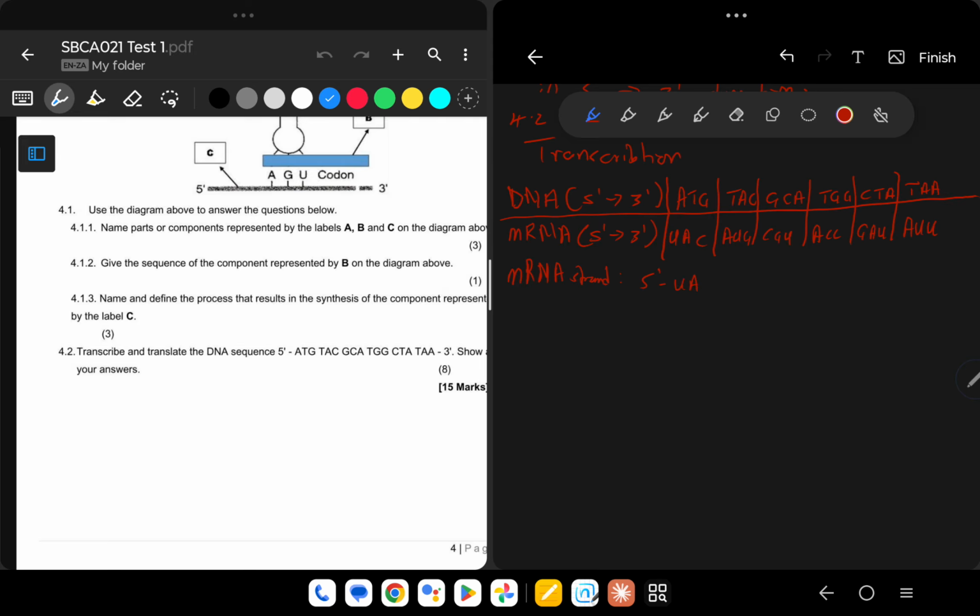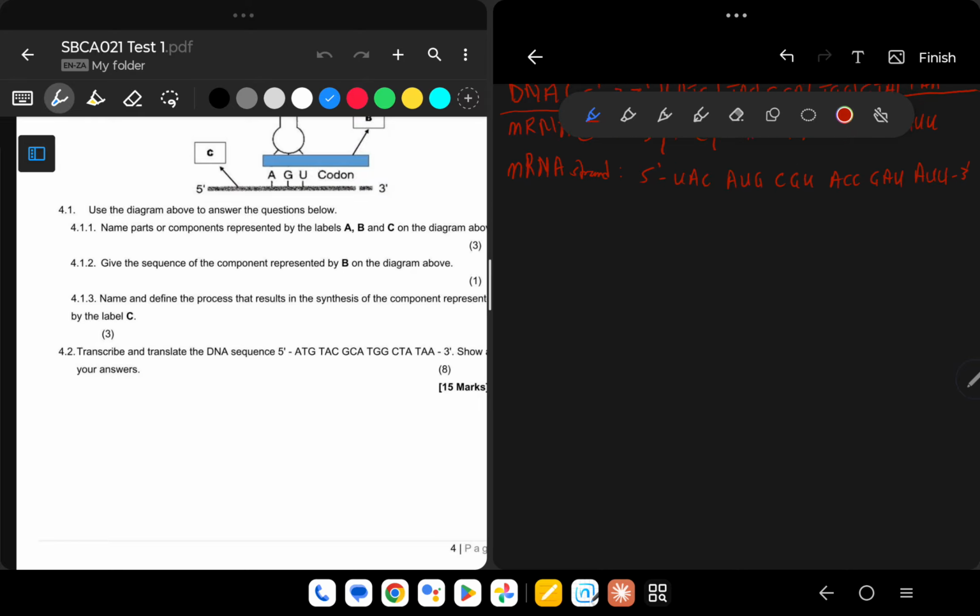U A C, and then A U G C G U A C C G A U, and then A U U. Your spacings must be proper there. And then at the end you must have 3 prime there. So this is your mRNA strand. Now we take the mRNA to the translation. This is what we translate.